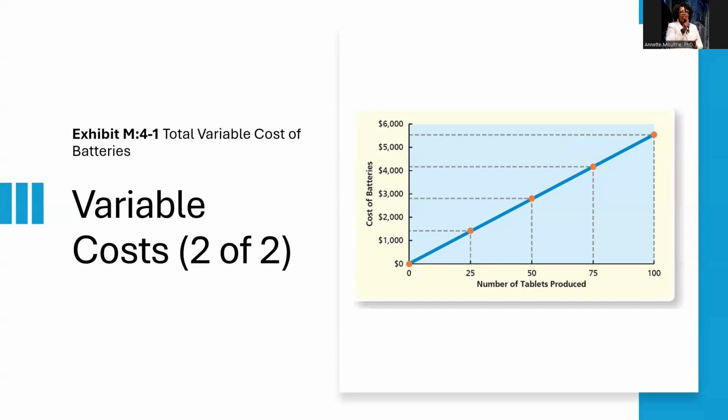So in this case, the slope equals what? $55 per tablet. So in the exhibit, you'll see that the total battery costs rise proportionally with production. However, the cost per tablet remains constant at $55 regardless of the number of tablets produced.